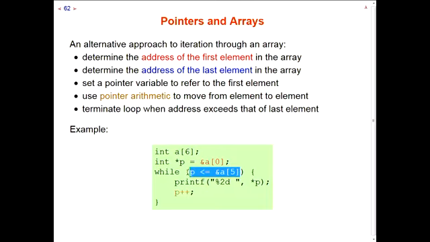While we have not exceeded the address of the last element, we can access an individual element of the array by just saying star p. And star p at the beginning will be the contents of the address of A0. In other words, it will just be A0. Then when we increment the pointer, it will jump to the next element. So we take the current address, we increment that address, and that will point to the next element.